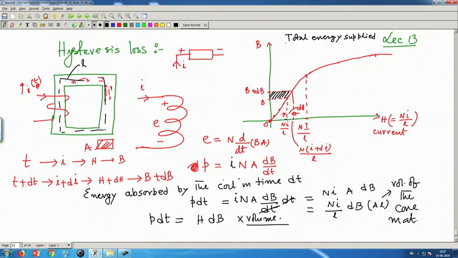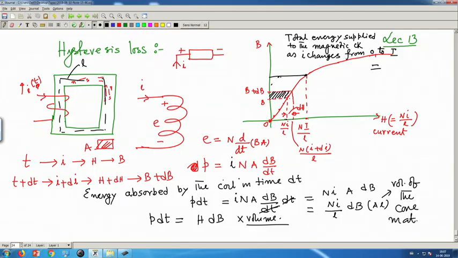Supplied to this magnetic circuit, as you have increased the current as I changes from 0 to some value capital I, that is up to this point, will be nothing but this whole area.